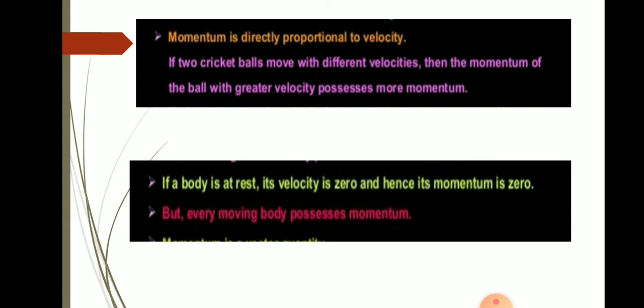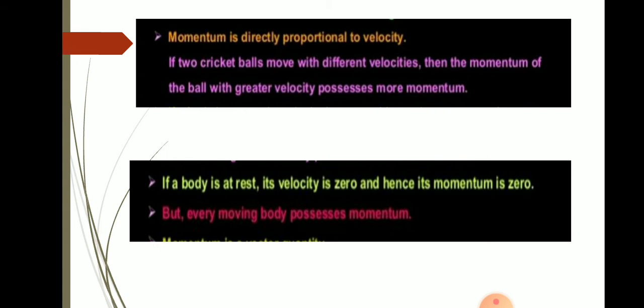But if the same ball is bowled by a slow bowler and hits the batsman, it does not hurt. Why? It is because of the higher momentum in the case of the fast ball. The mass of the ball is the same in both cases, but the velocity of the ball is more when it is bowled by the fast bowler, so the momentum will also be more.